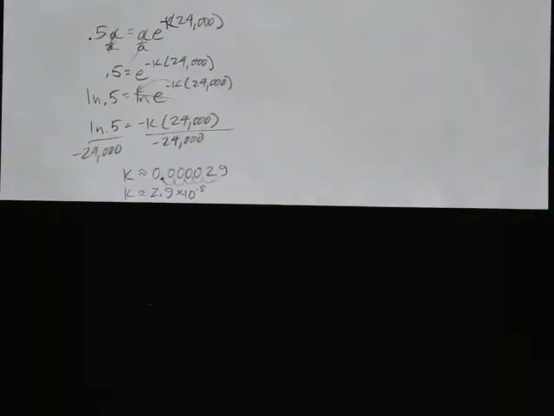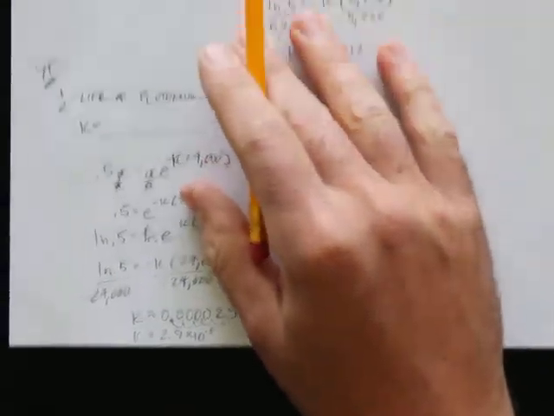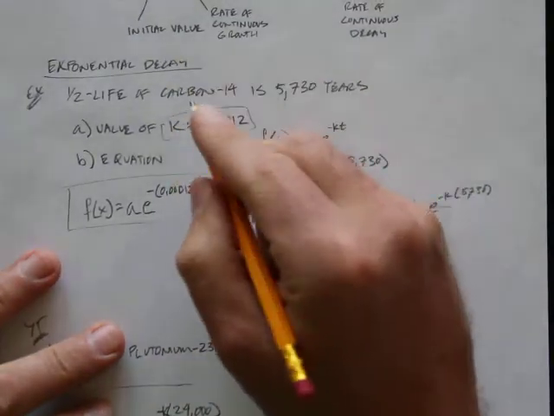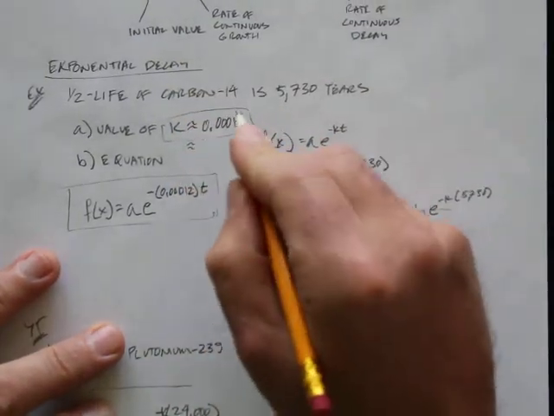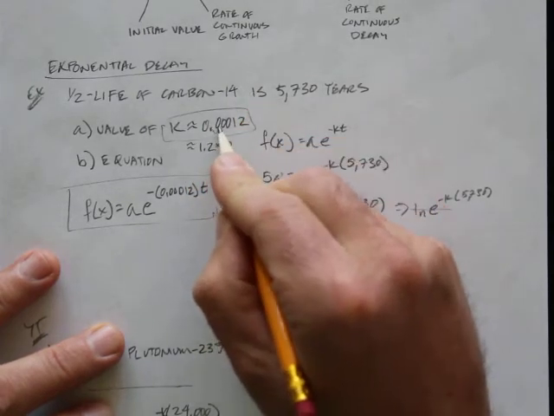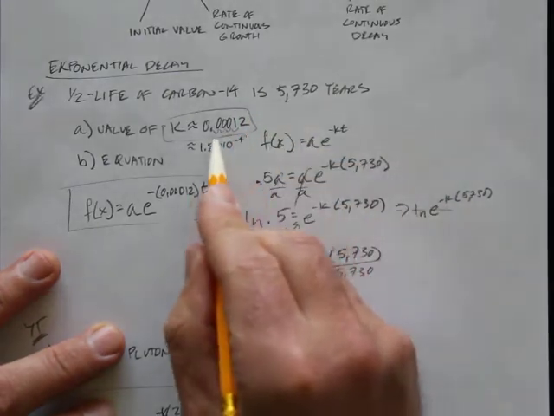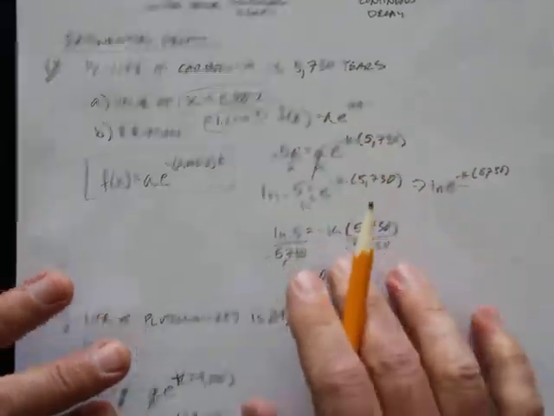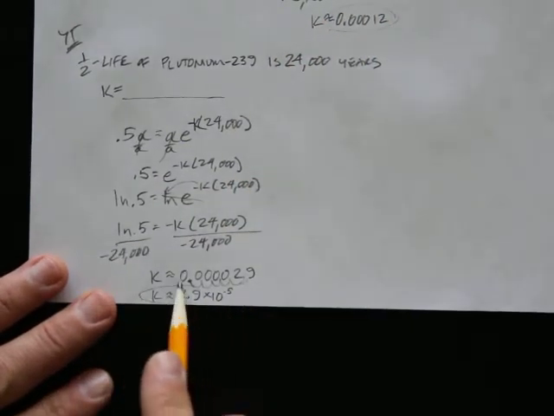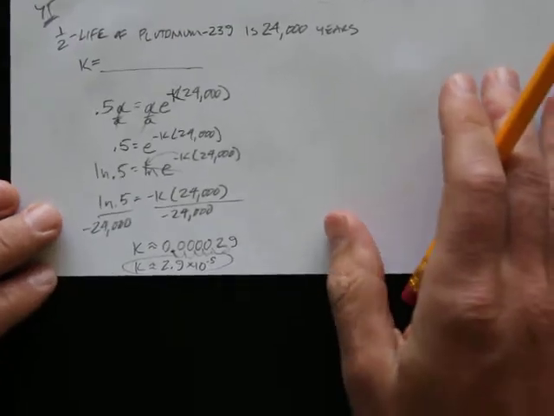So that's the way we should do that. So for this one up here, the value of k should be 1.2 times 10 to the negative 4. So that's what our answer should look like up there. And that's what it should look like down here too. All right, a little bit of a reminder of scientific notation.